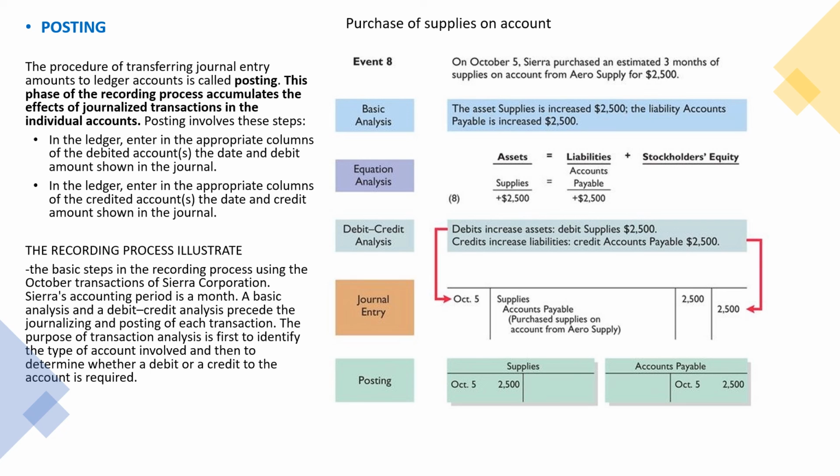The purpose of the analysis is that first we identify the type of accounts, then determine whether a debit or credit is required. So take a look at that. We analyze, then we make the journal entry, and then we hit post.